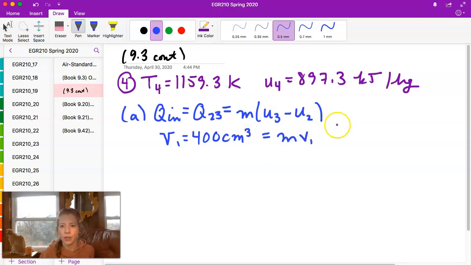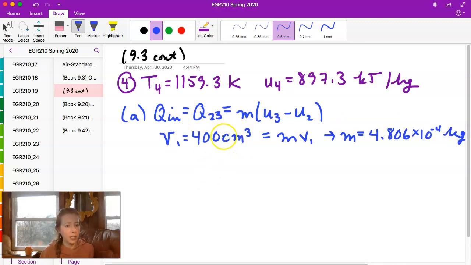So we can go ahead and solve for M, and we get that M is equal to 4.806 times 10 to the minus 4 kilograms. So just make sure to convert cubic centimeters to cubic meters in order to do this. And when you plug in the U's that we found, U3 was 1872.4, U2 was 475.11, you get that Qn is going to be 0.6715 kilojoules.